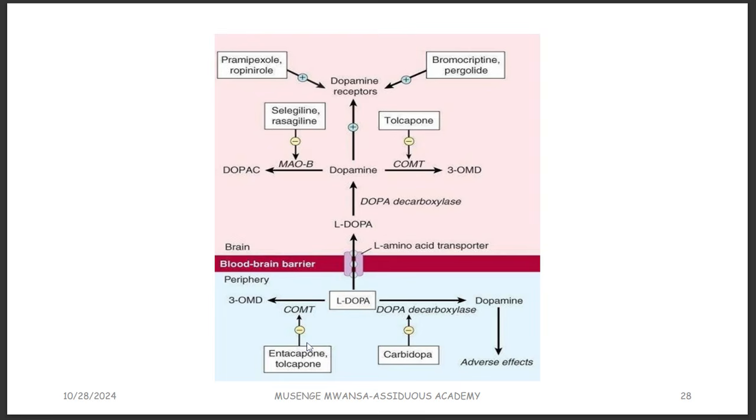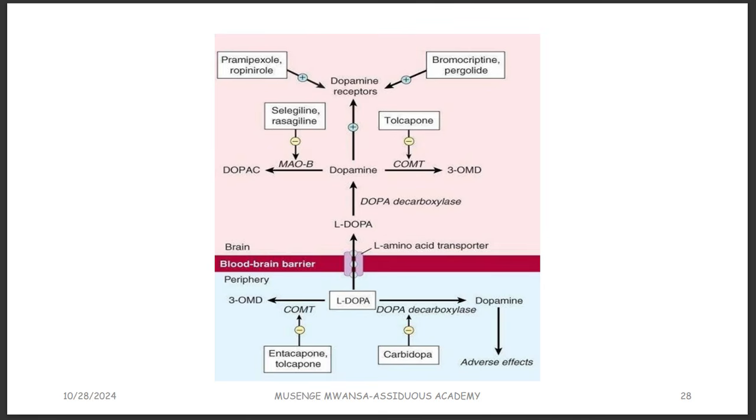So the main treatment for Parkinson's disease is L-DOPA or levodopa. When you take levodopa, it can easily be broken down into either dopamine or its other metabolite. So you are supposed to give other drugs to prevent the breakdown of this levodopa, because remember, you don't want to convert the levodopa to dopamine while in the periphery.